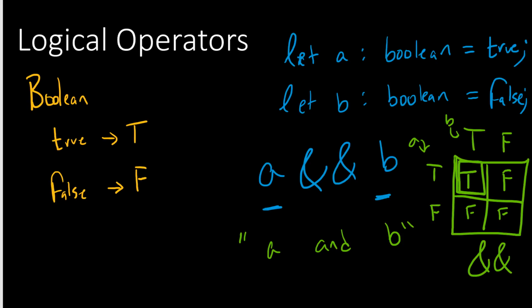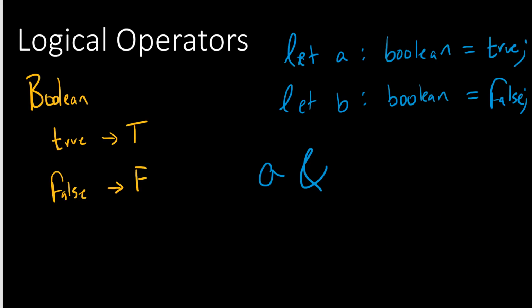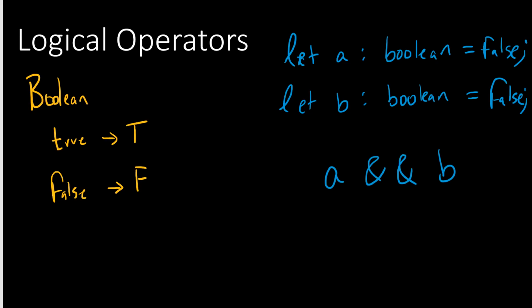One of the common mistakes that folks make when thinking about the AND operator is thinking about it as if it's the same as equals. So what happens when we have both A and B assigned an initial value of false? And we ask ourselves A and B. What does this evaluate to?